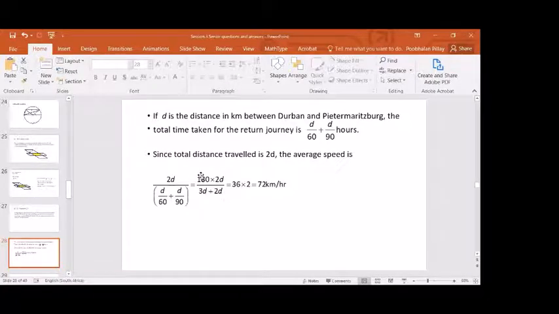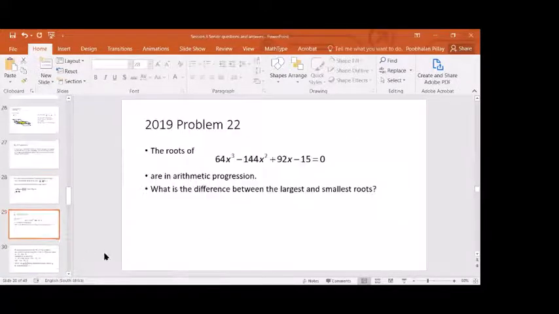These cancel. 5 goes into this 36 times, so it's 36 times 2, which is 72. I told you that when you got fractions, you cancel. That's the best way to do it. Don't multiply everything. You can save a lot of time. So the answer is 72, not 75, as you might have suspected. Okay, so let's get on to the next problem.